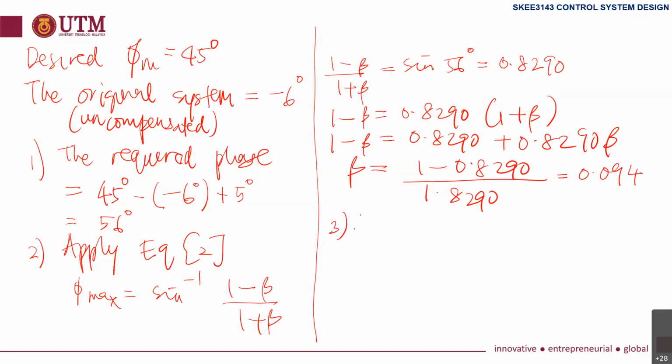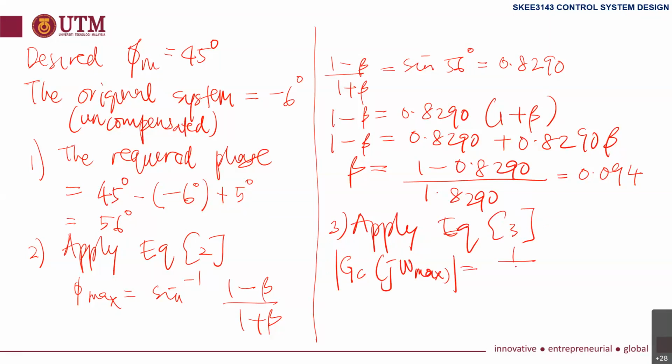Number 3, apply equation 3. Equation 3 is obtaining the gain, the magnitude at omega max, is 1 over square root of beta. 1 over square root of 0.094 equal to 3.27, and in log, we need in log, it is 10.29 dB.